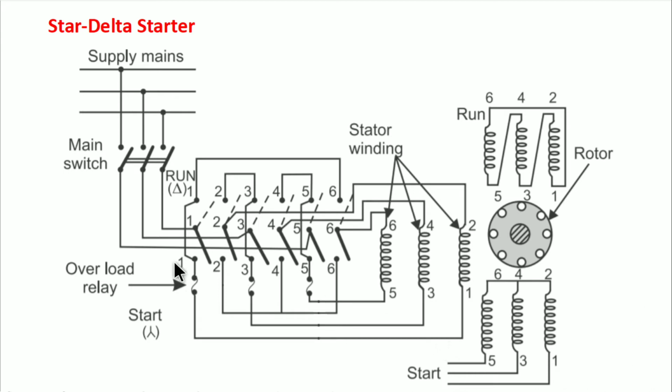Now let us discuss one by one. Three-phase supply through the main switch reaches terminals 1, 3 and 5 of the 6-pole double throw switch.